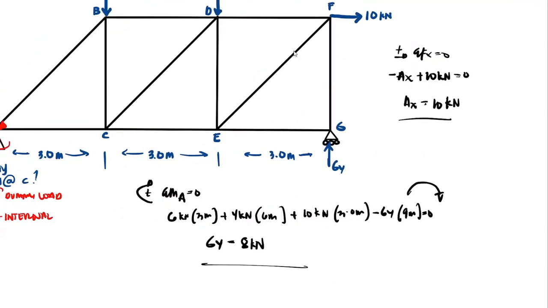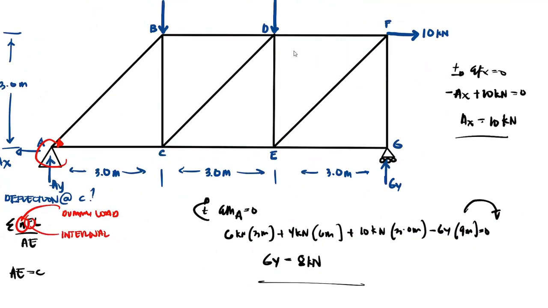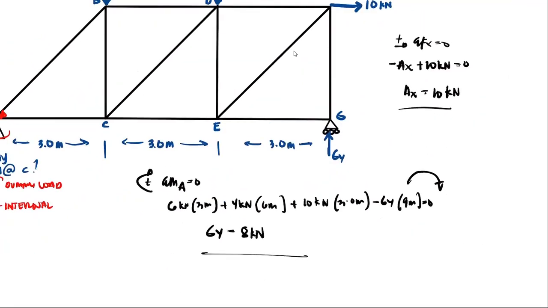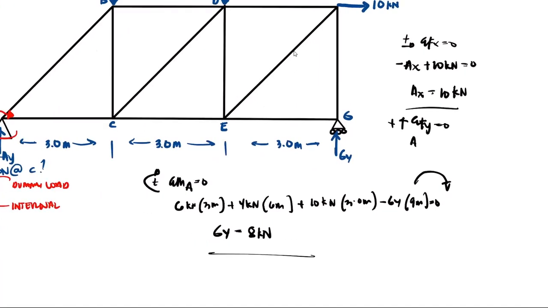Okay? Next naman is AY. So summation forces Y is equal to 0. Going up is positive. We have positive AY. And then ating GY na 8 kilonewton.